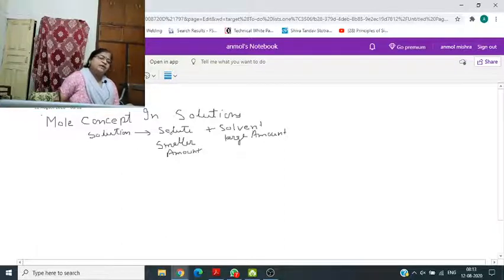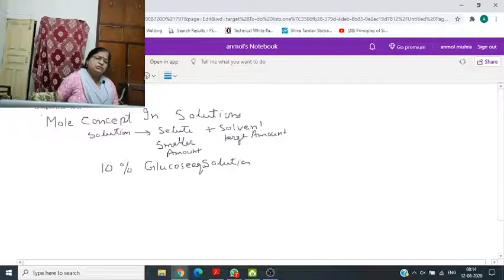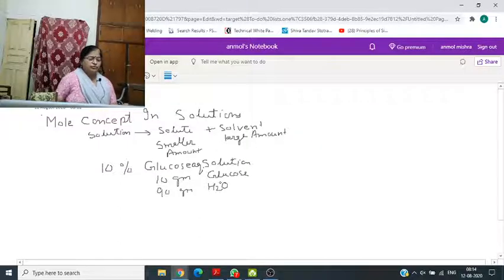For example, if I say a 10% glucose solution, it means 10 grams of glucose as solute and 90 grams of water.